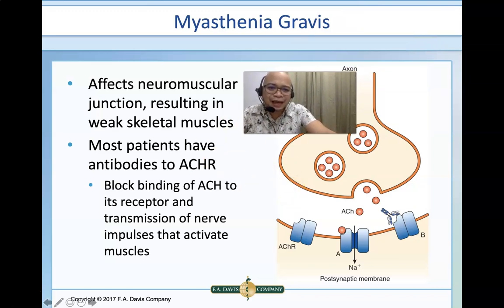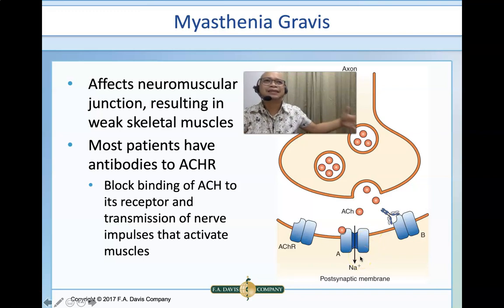So, another example of autoimmune disease is myasthenia gravis. This time, myasthenia gravis affects the neuromuscular junction. In the neuromuscular junction, for example, this is the acetylcholine, and this is the acetylcholine receptor. The neurotransmitter acetylcholine is important so that we'll have skeletal muscle contraction. However, if you produce antibodies against the receptor, the receptor sites will be blocked.